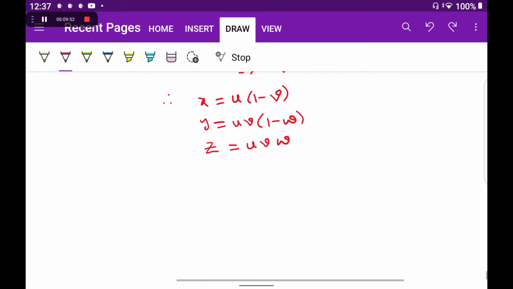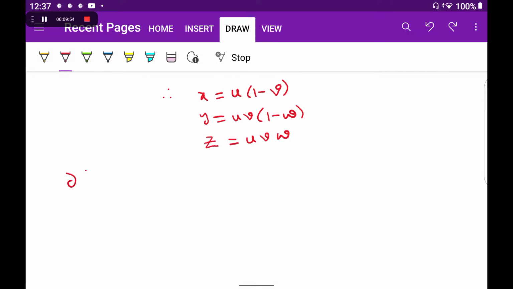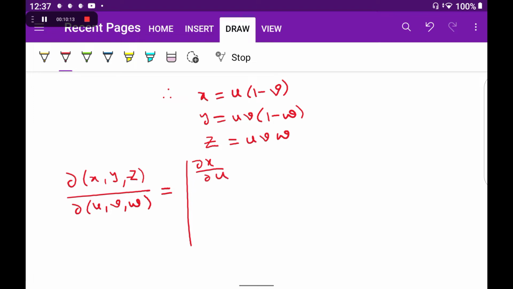Now the Jacobian of xyz with respect to UVW is, we know this, right? Dou x by dou u, dou x by dou v, dou x by dou w, because the first row is all about x.